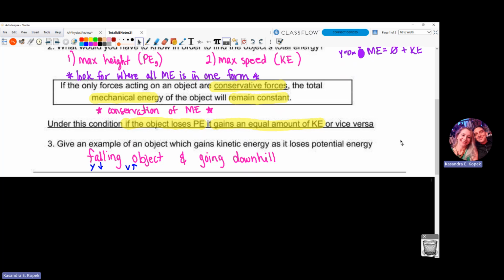As the height decreases, the speed is increasing. And we know that gravitational potential energy is dependent upon the height, and the kinetic energy is dependent upon the speed. We could also say something that is going downhill on a roller coaster or down a ramp, right? As it decreases in height, it will increase in speed.